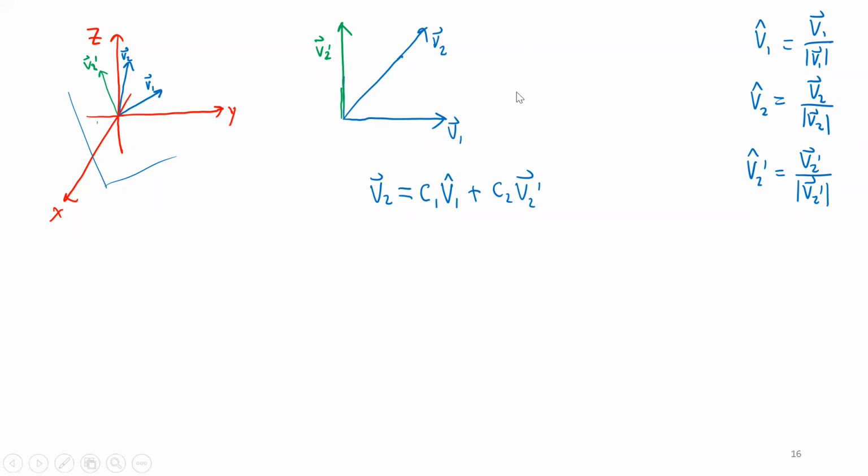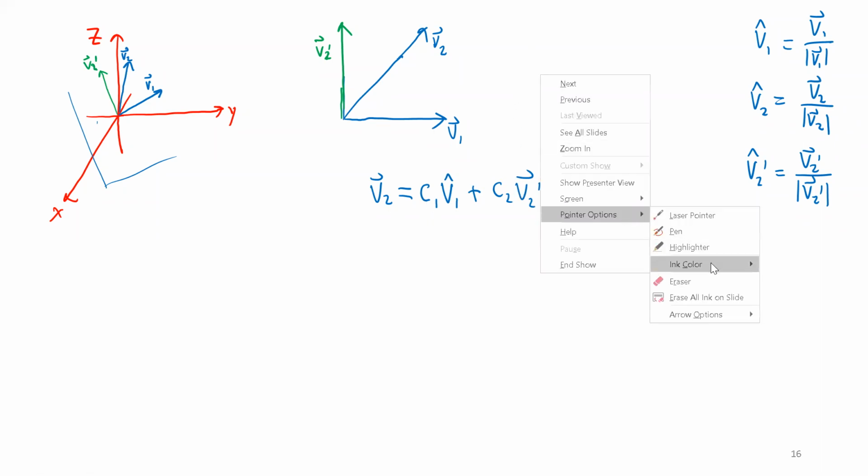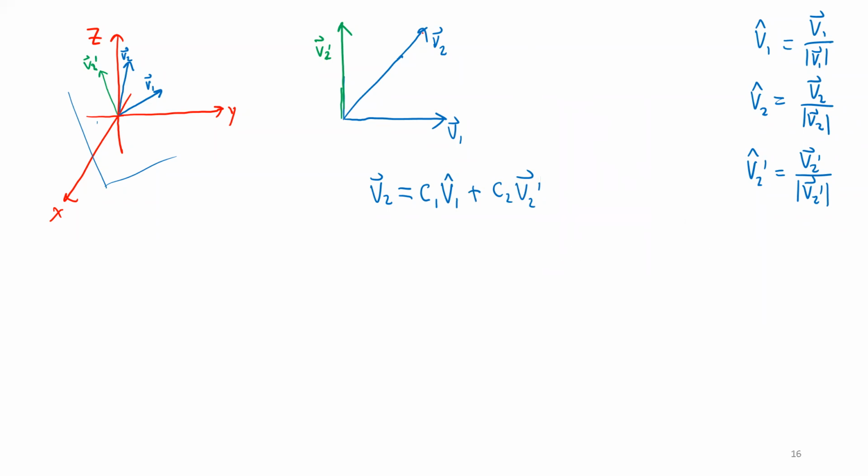What C1 and C2 really mean is that C1 is the projection of this vector onto V1. And this C2 is the projection onto this V2 prime, which we don't know yet.